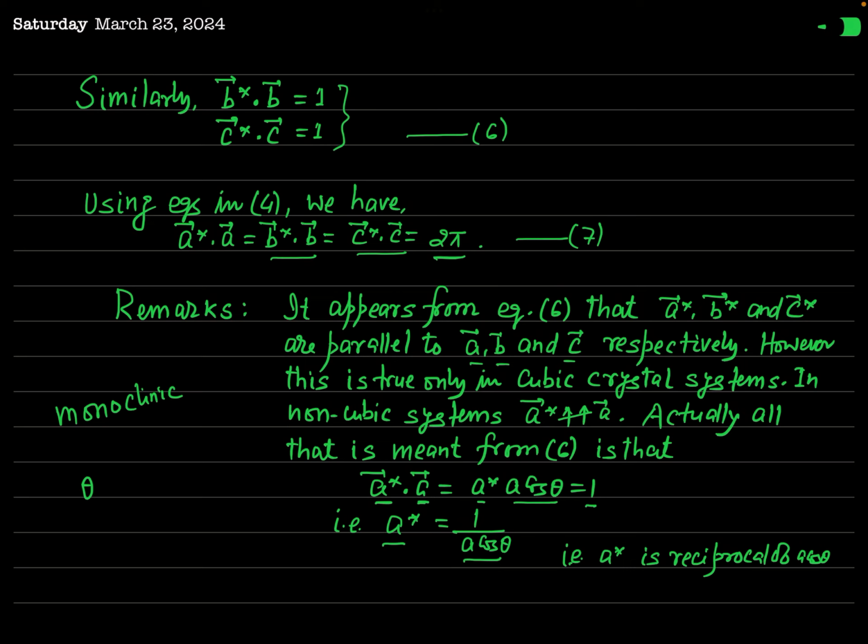So it is interpreted in this manner that the length of the vector A star is the reciprocal of A cos theta, where theta is the angle between A star and A. Okay, so don't think that A star, B star, C star are parallel to A, B and C respectively always. It is although true in case of cubic crystal, but in non-cubic crystal this fact is not true. Okay.